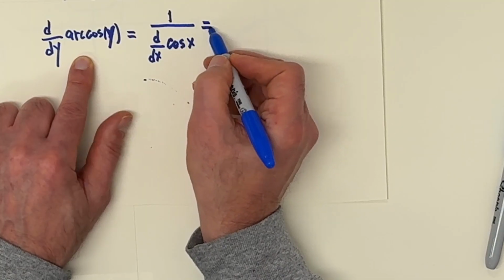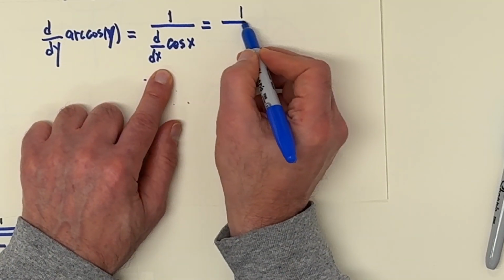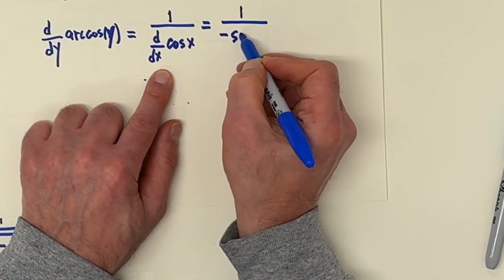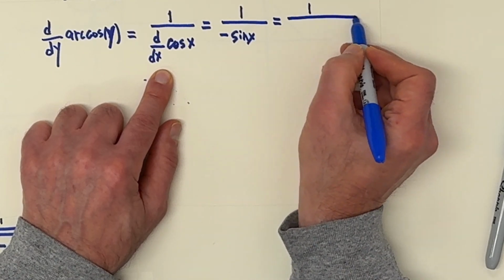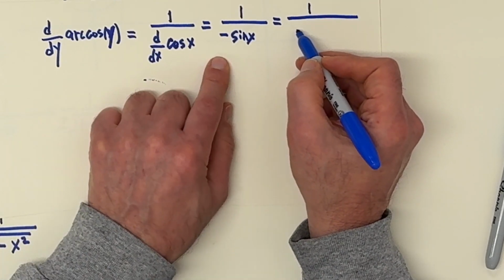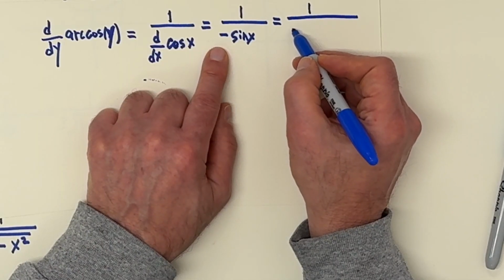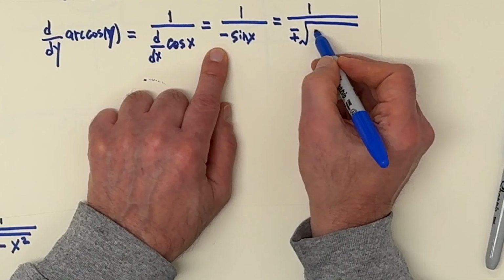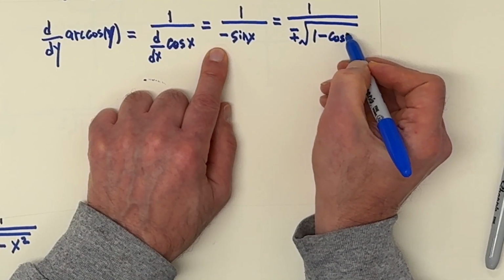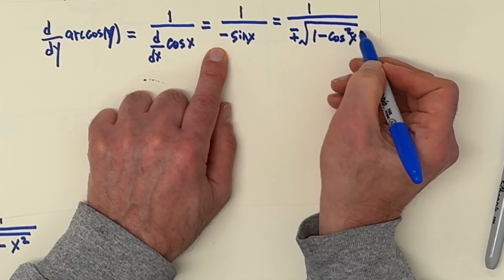So when we do this, we'll get 1 over negative sine of x. And then when we use our trig identity, take the square root, we'll have the plus or minus the square root of 1 minus cosine squared of x.